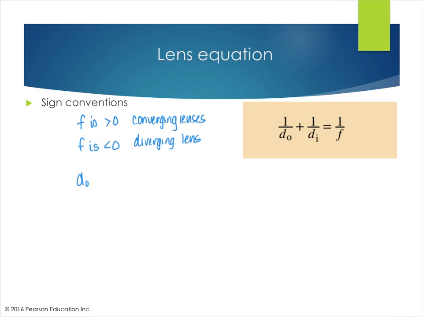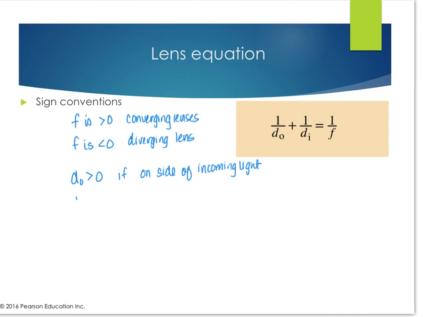The object distance, that's the distance the object is from the lens, is greater than 0 if it's on the side of the incoming light. That is, when your light comes into one side of the lens and then comes out on the other side. I think you had an example in your lab where you actually had a virtual object, where the object distance is negative if it's on the side of outgoing light.